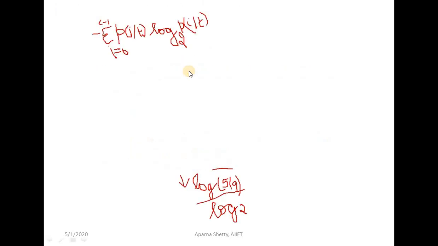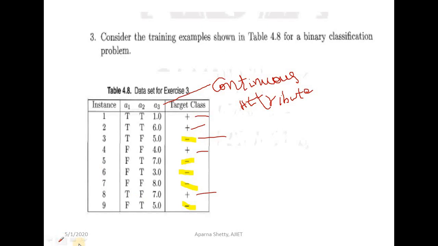So here if you see, T: how many records belong to plus? This T belongs to plus, this also belongs to plus, this T belongs to plus, correct? So 3 T's belong to plus.